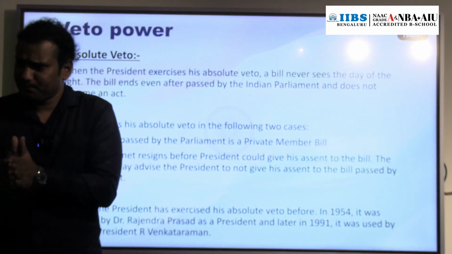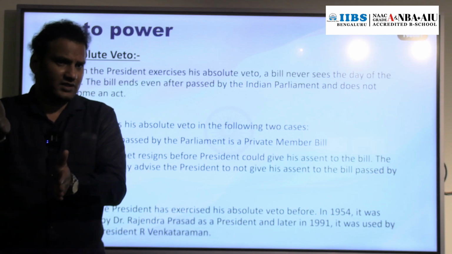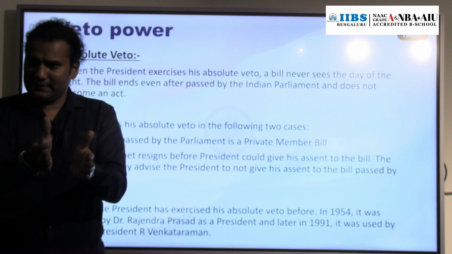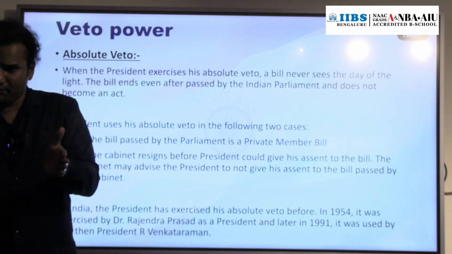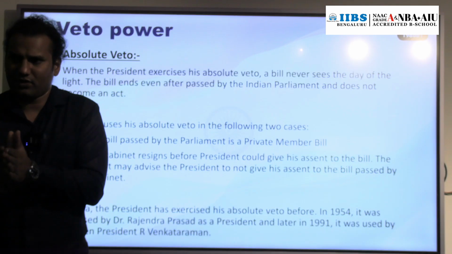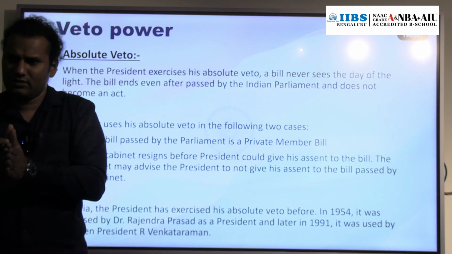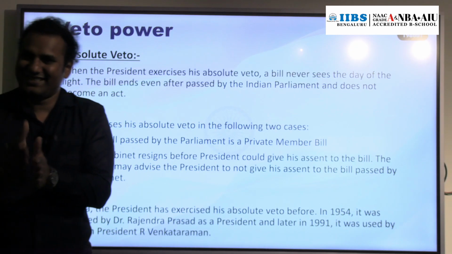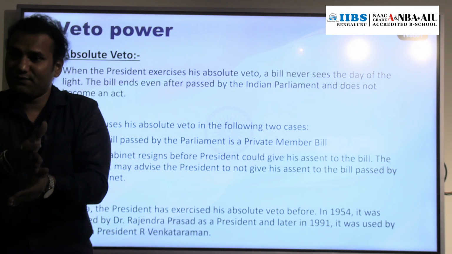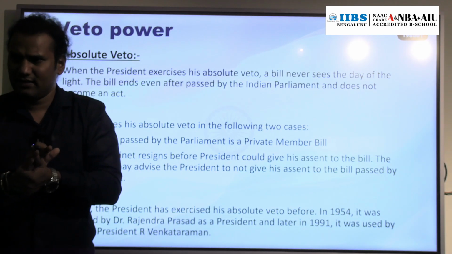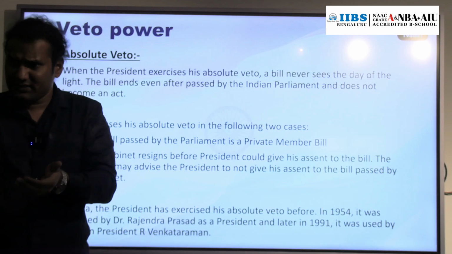Take an example. Remember in the year 2014 there was a change in the government, right? Till 2014 it was the Congress government. Then BJP formed the majority and formed the government. Now suppose in February 2014 the Congress cabinet passed a bill, and then in July BJP is there now.